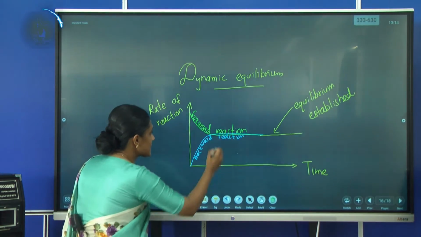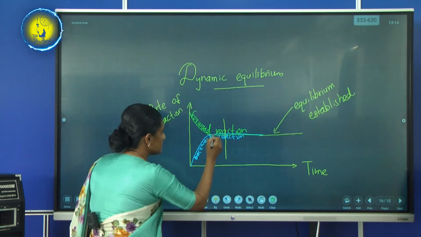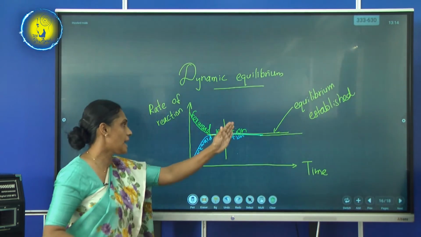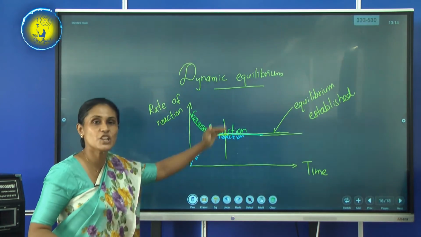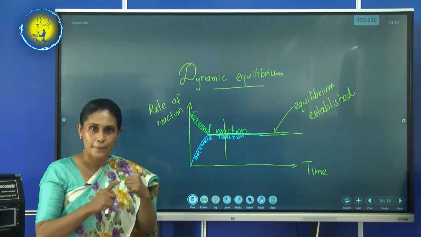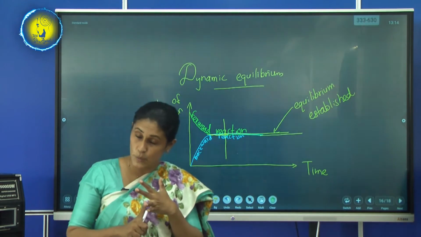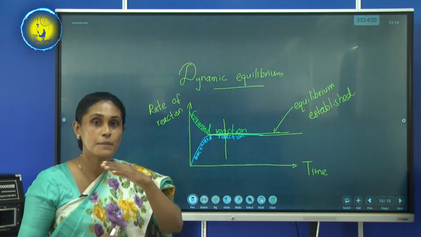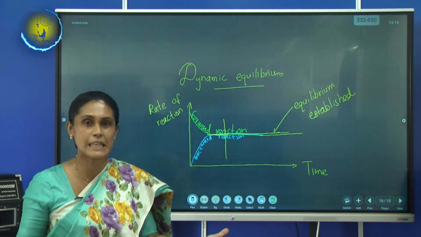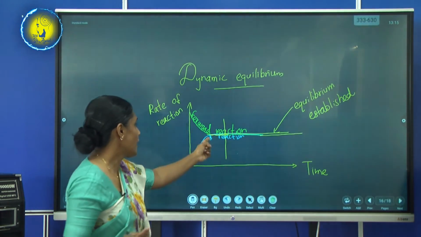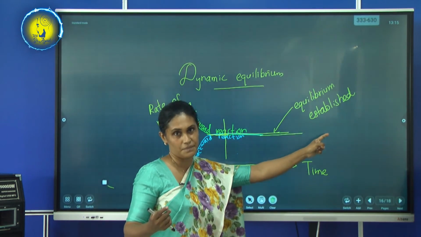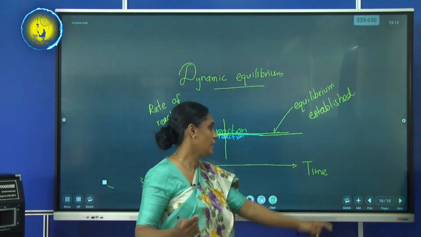But my dear, there's a time when there are no more changes. Both the concentrations of the products as well as the reactants come to a certain stage. No more changes can be visible. So at that time you will call it equilibrium established. Right? Okay.